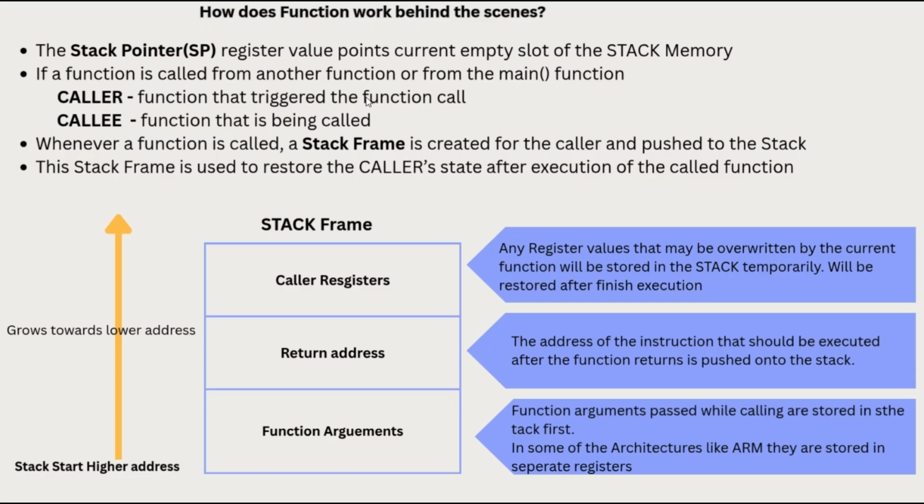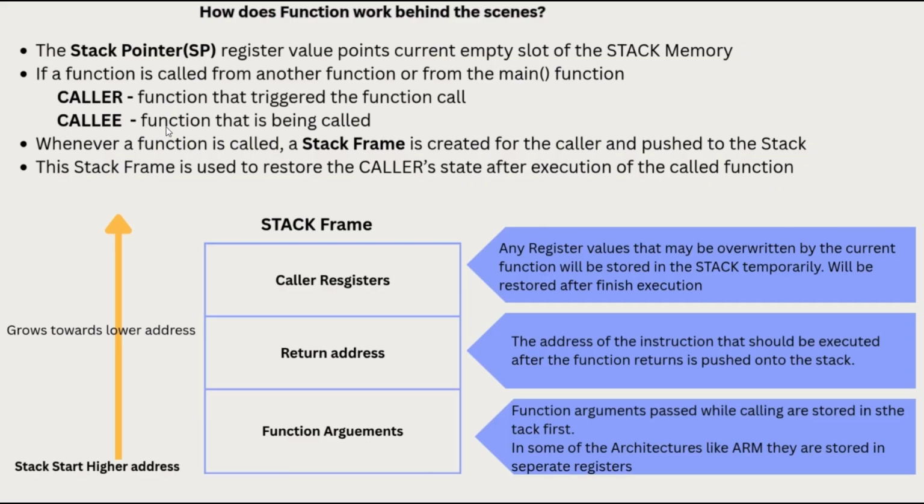Whenever a function is called, a stack frame is created for the function which called it, which can be main or another function. The function which calls another function is the caller; say you call something from main, then main is the caller.